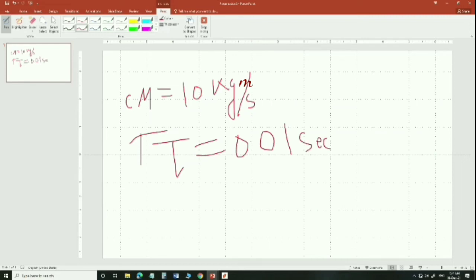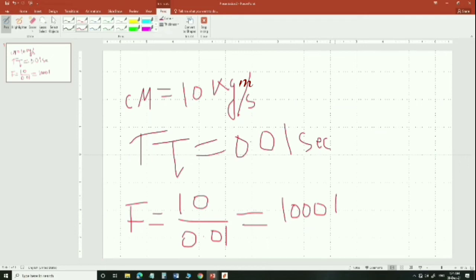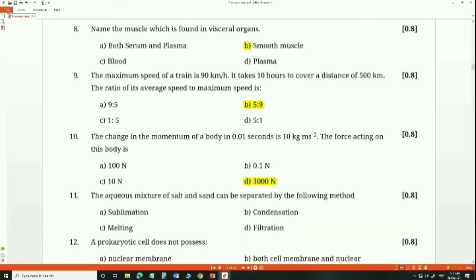So the force is 10 by 0.01, which is equal to 1000. What is the SI unit of force? Newton. So the true answer is 1000 Newton.